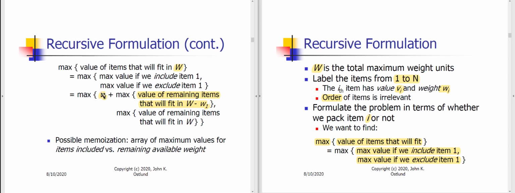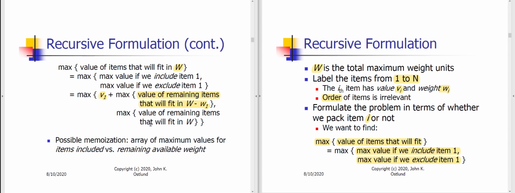All right, so if including item 1 and then doing this recursive handling of all of the other items produces a larger value than not including item 1 and instead considering all of the other items fitting in the total W, then we know that we should include item 1.